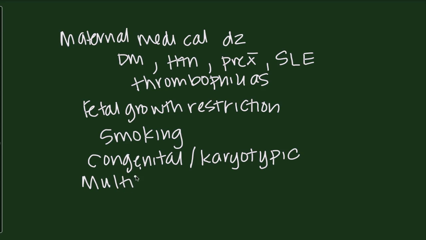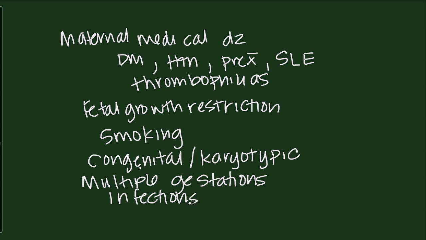Multiple gestations are at higher risk statistically to experience a stillbirth than singleton gestations, and that risk increases with higher order multiples. And then finally, infections, in utero infections, particularly listeria, parvovirus B19, and then also syphilis.